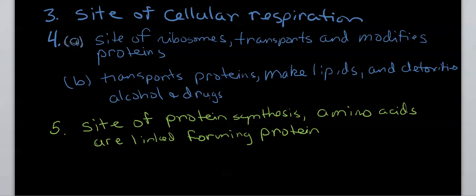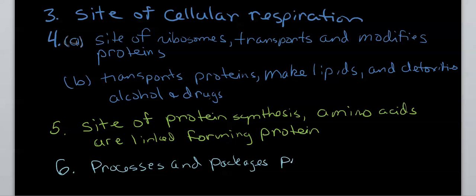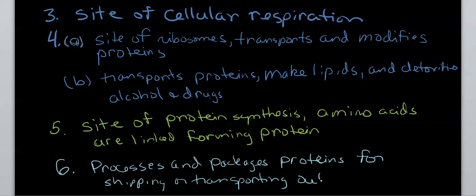Six is the Golgi apparatus. Let's take another color again. And processes and packages proteins for shipping or transporting out of the cell.